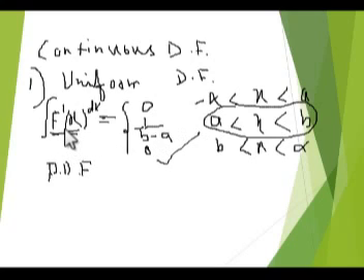If you differentiate it, you will get the probability density function, and if you integrate that, you will get the value you wish to know. So you will get the cumulative distribution function again.